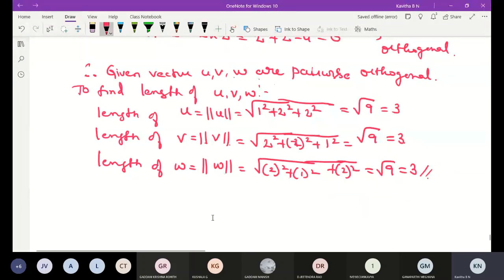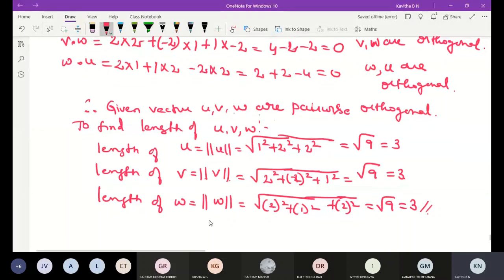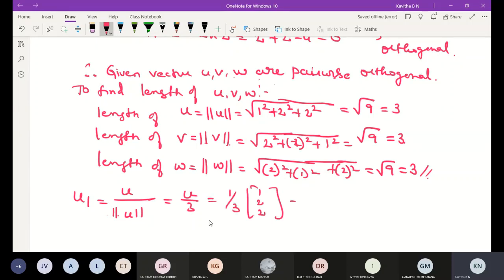Okay, first to find the orthonormal vectors, u1 is equal to u by length of u, is equal to u by 3, means 1 by 3, 1, 2, 2, then this is 1 by 3, 2 by 3, 2 by 3.